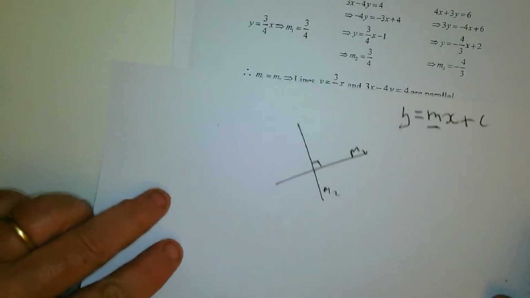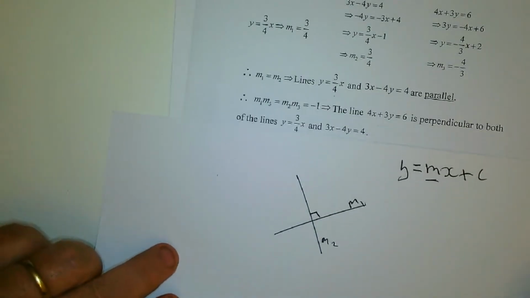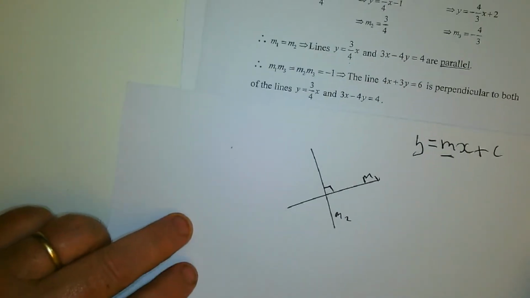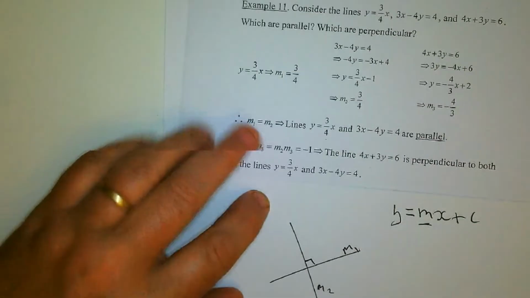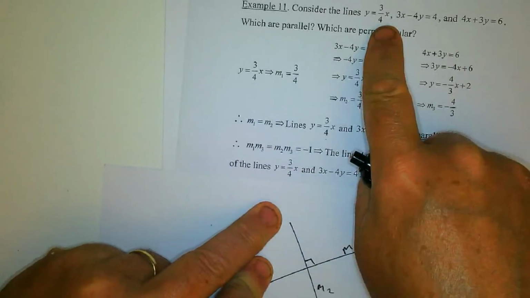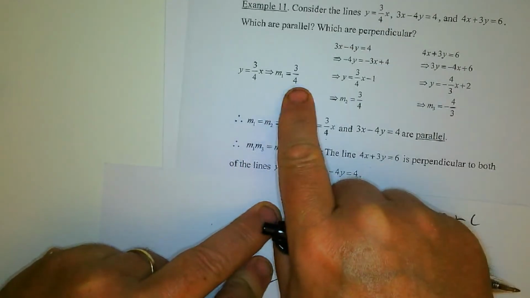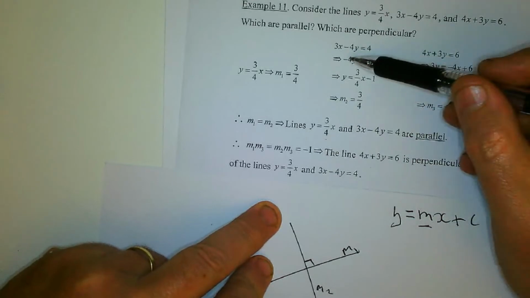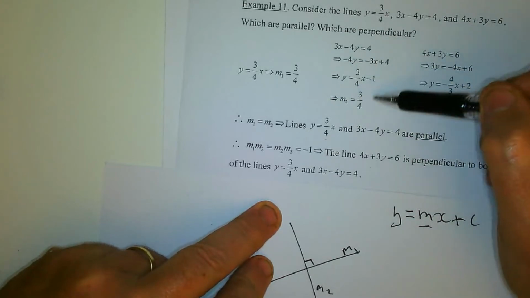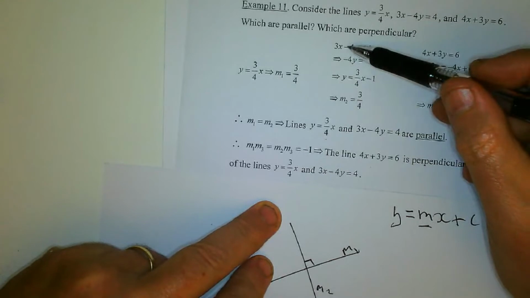So let's see what we've done here. I'll put them all up so you can see them. Oh, there's a lot there. Okay, let's go through them all. The first one, y equals 3/4x, so the gradient is 3/4. The 3x minus 4y equals 4 has been rearranged, and you've got to get this right.